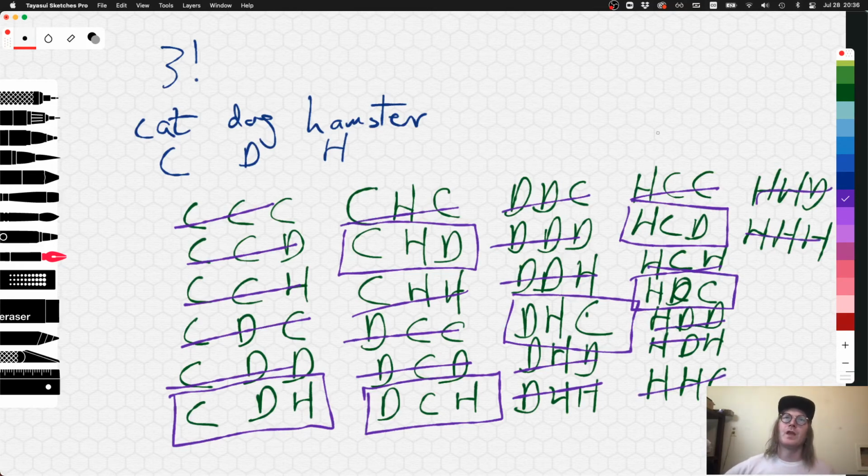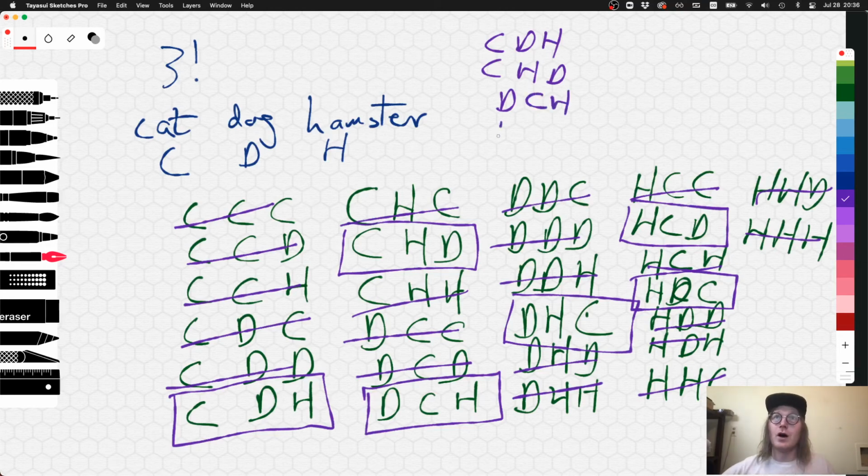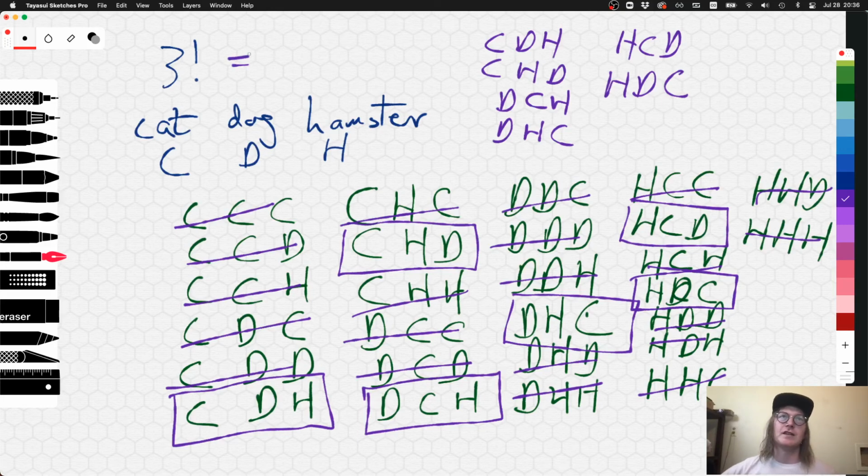Okay. So if I just rewrite these, this is CDH, cat, dog, hamster, cat, hamster, dog, dog, hamster, cat, dog, cat, hamster, hamster, cat, dog, and hamster, dog, cat. 1, 2, 3, 4, 5, 6. 3 factorial is indeed 3 times 2 times 1, which is 6.